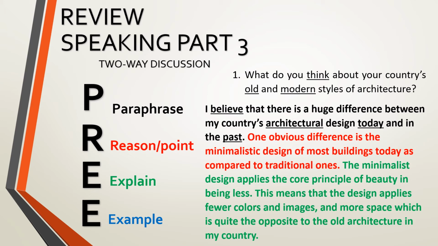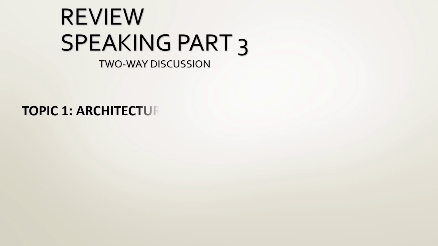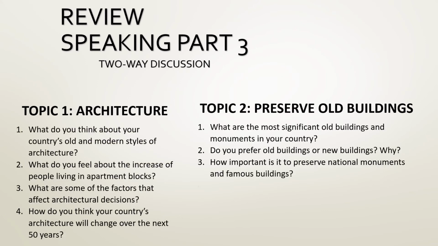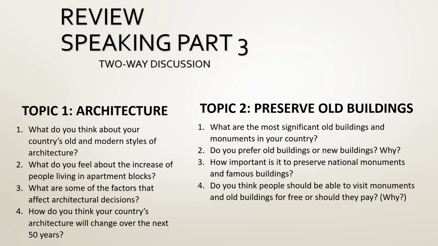Alright, so now I'd like you to do on your own. Let's check if you can give a strong and convincing argument in this two-way discussion in IELTS Speaking Part 3. And again, I'd like you to answer all these questions here. First, you have to prepare your answer, and I'd like you to share your answer or speak your answer to your partner.